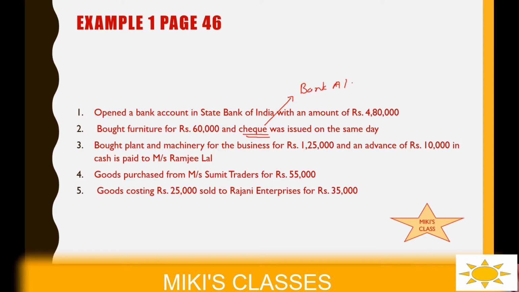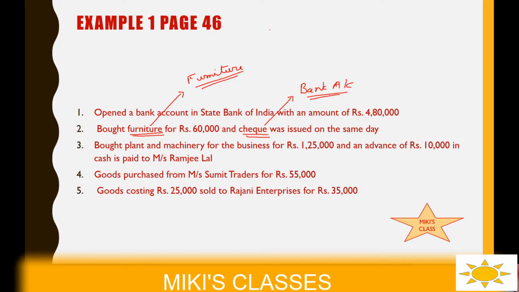The payment is not made in cash, but by issuing a check. So a bank account will be one of the accounts involved. The other account, with practice you'll know, is furniture.